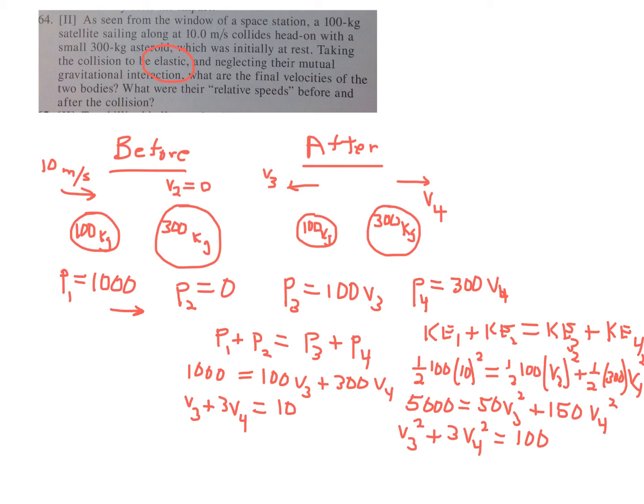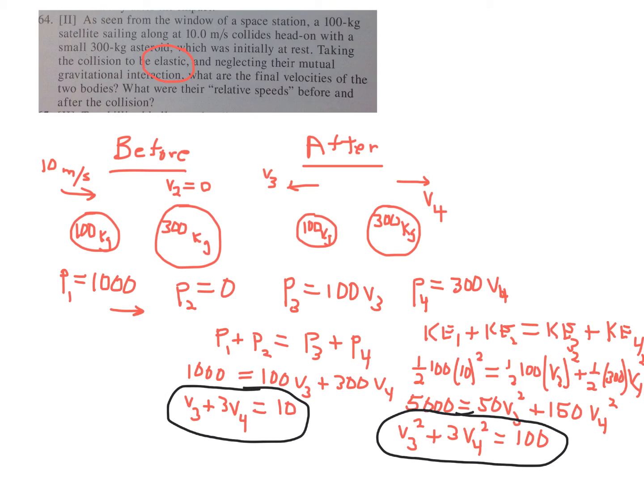I believe so. Alright, so what I have here is a system of equations, and it's going to take a little bit of algebra to solve this. These two equations are what I have. And let me help you along with this a little bit. I think I'm going to take the one on the left here, solve it for v sub 3, and plug it in to the equation on the right.